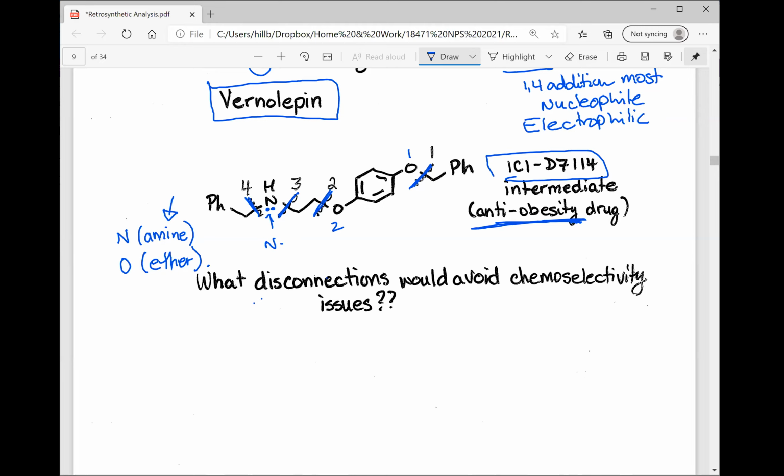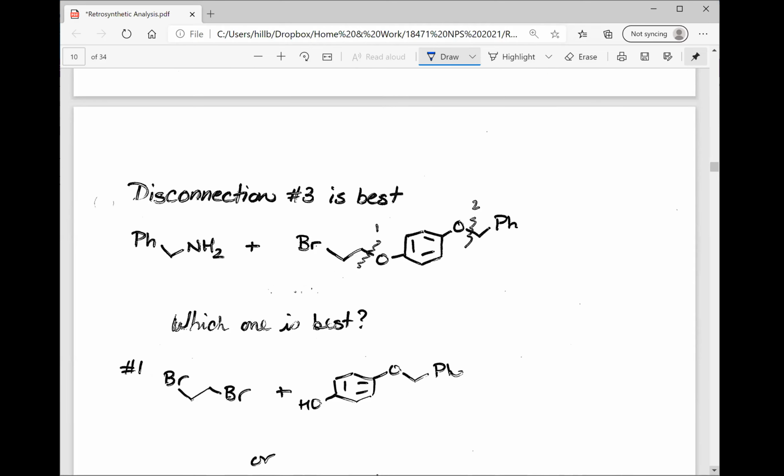So if this was your synthesis, you would want to break either number 3 or number 4. That would be your last step. It turns out one of these 2 is slightly better than the other one. And I think on my next slide, I actually say what it is.